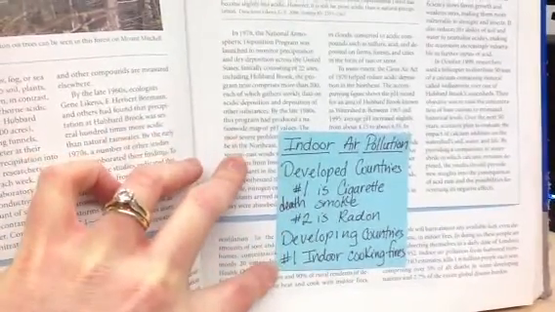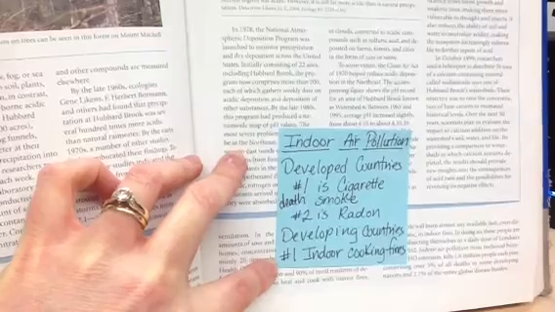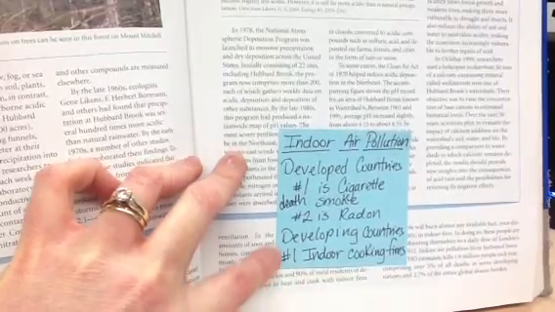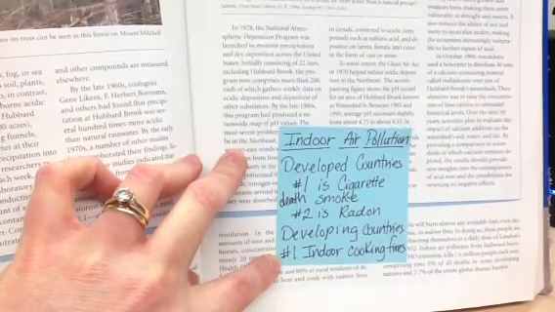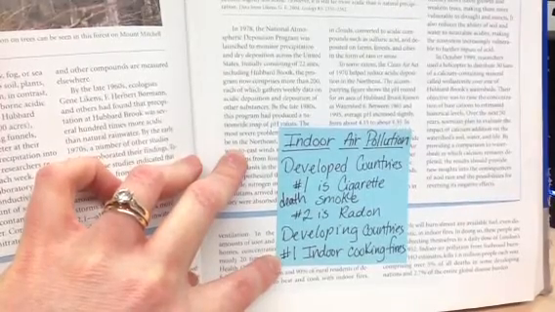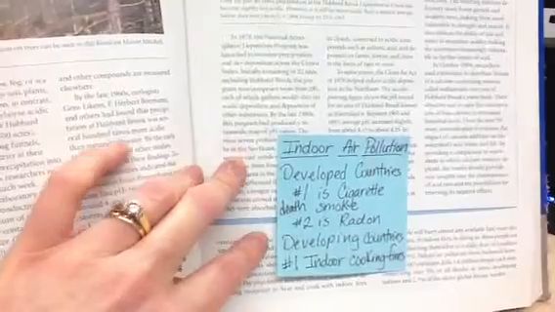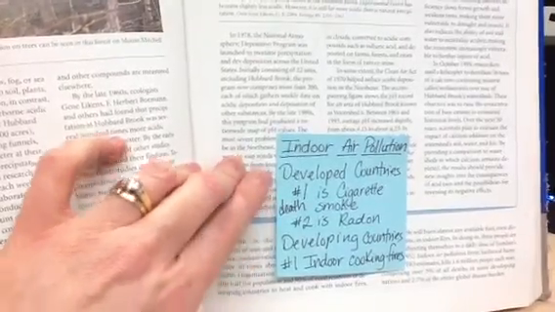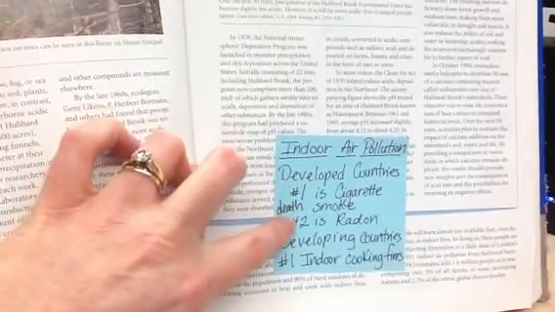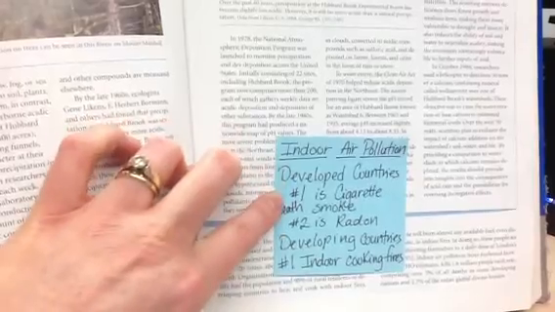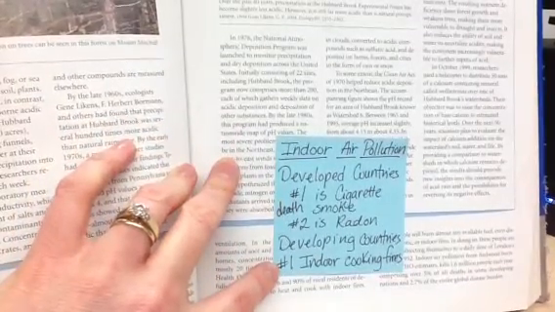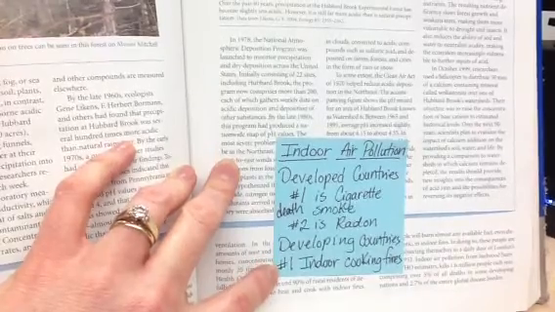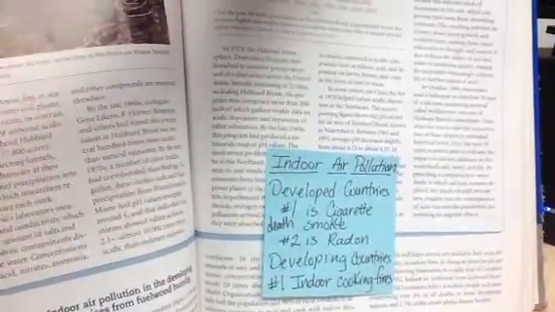In a developing country, poor countries, India, African countries, etc., the number one cause of death from indoor air pollution is indoor cooking fires. So in the U.S. and other developed countries, number one would be cigarette smoke, and number two is radon. In a developing country, it is from an indoor cooking fire.